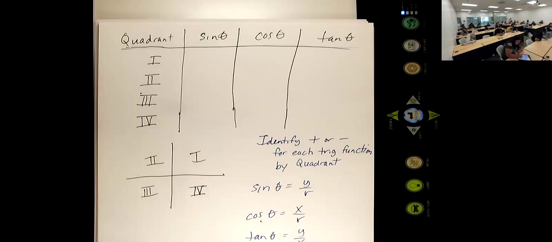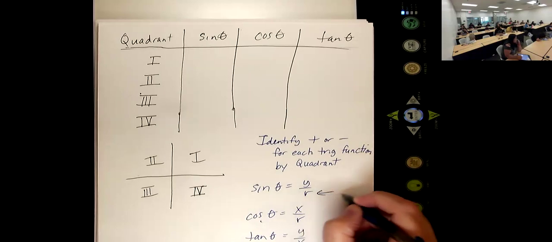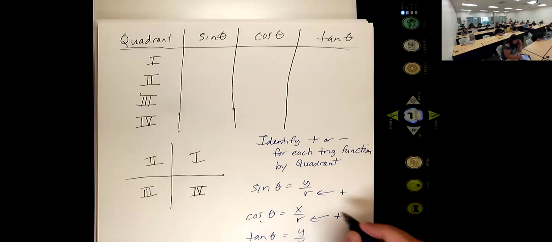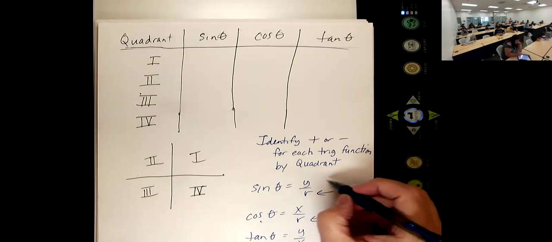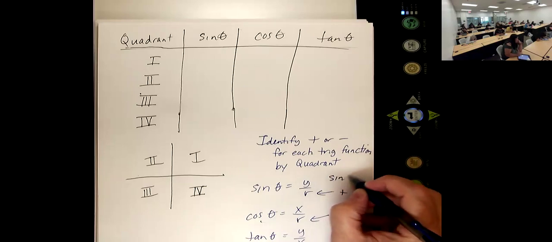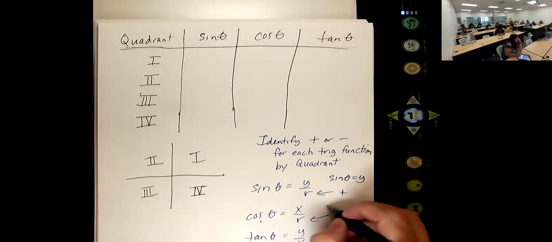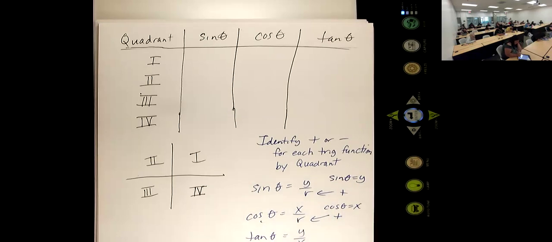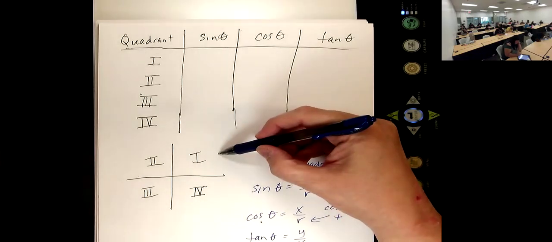Same with x. What about r? Is r ever negative? R is never negative, it's a distance, we don't have negative distances. So r is always positive. Sine all depends on y. Cosine depends on x. In this quadrant, both x and r are positive.